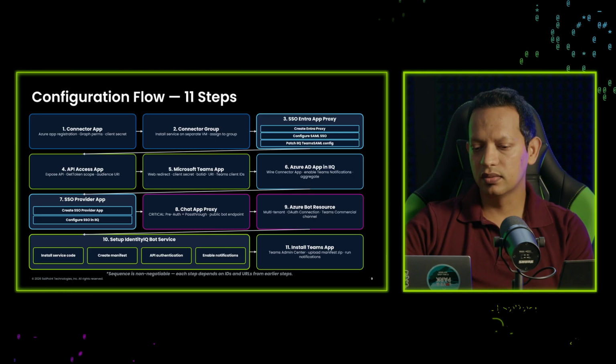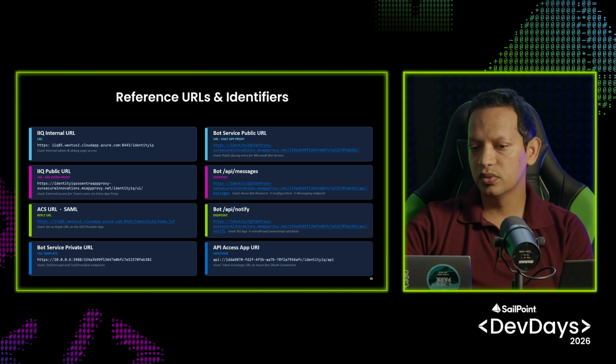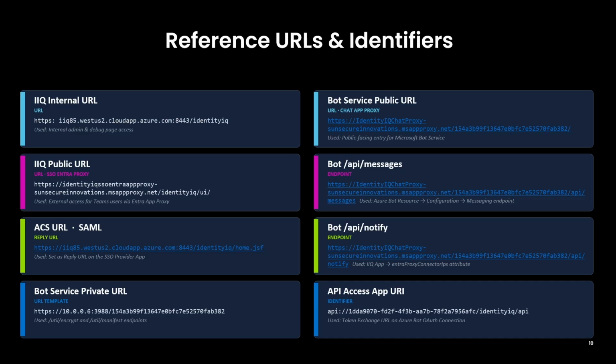The next table shows you some of the reference URLs and identifiers that are being used throughout the configuration. So you have the IIQ internal URL, and as you can see, IIQ 85 is where I have IIQ hosted, and then there's the IIQ public URL, which is exposed via application proxy. This is the URL that's being used by the Teams My Approval tab, so it doesn't use the IIQ internal URL.